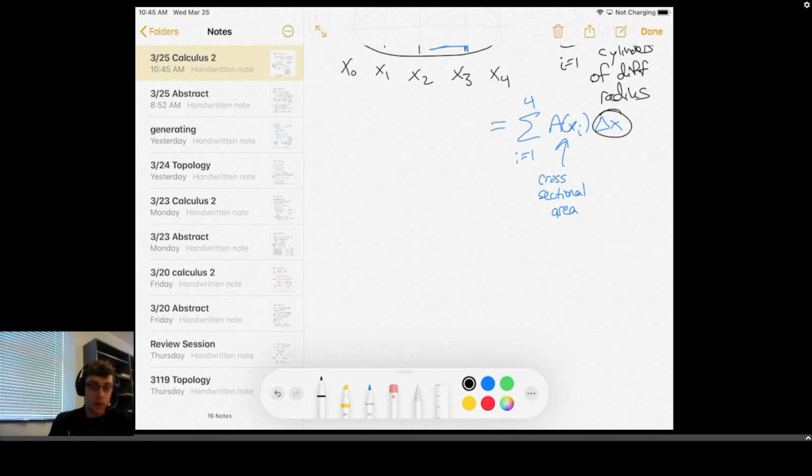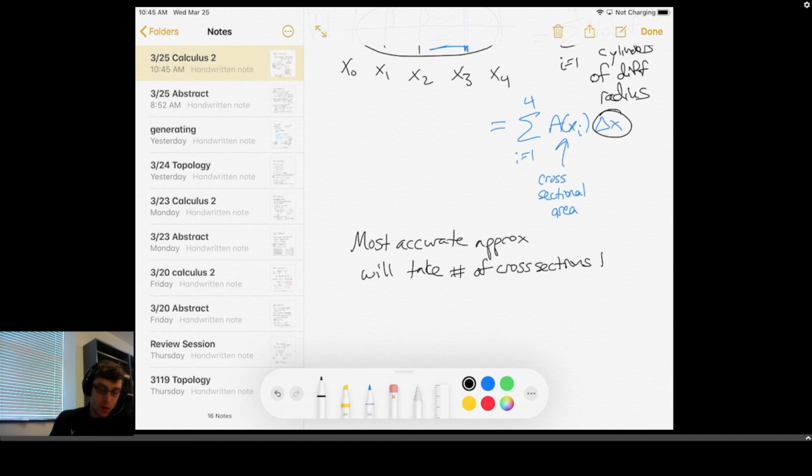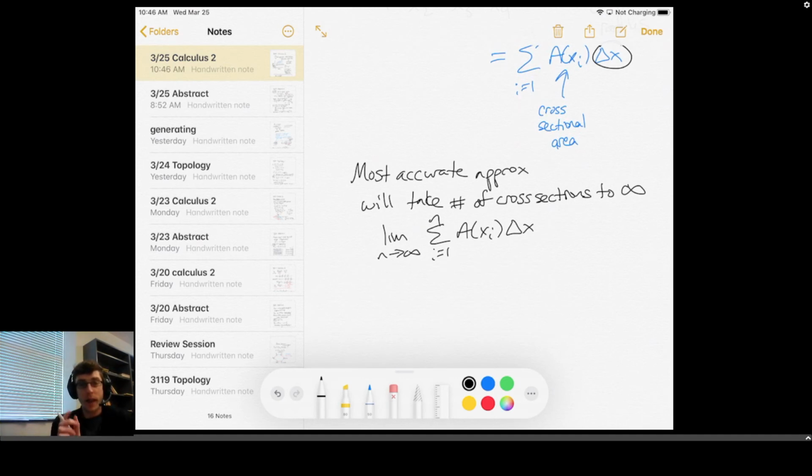We've got our delta x, and if I want to get a better approximation, so the most accurate approximation will take the number of cross sections to infinity, and so basically you have this limit as n goes to infinity of the areas of the cross sections times how wide they are, and then all you have to do is realize that this is exactly the integral on whatever interval you're talking about of A(x) dx.